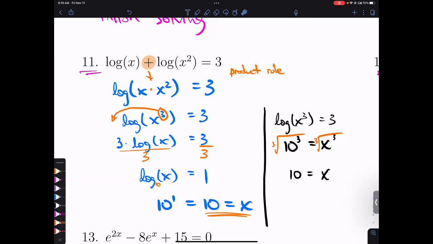But again, you can always check, and with logs, if it feels like a lot of algebra is happening, then that might not be a bad idea, to go back and check solutions. Here, because I got this all the way down to the point where, when I rewrote it, I just get 10, I don't necessarily need to do that, but it's never a bad idea.